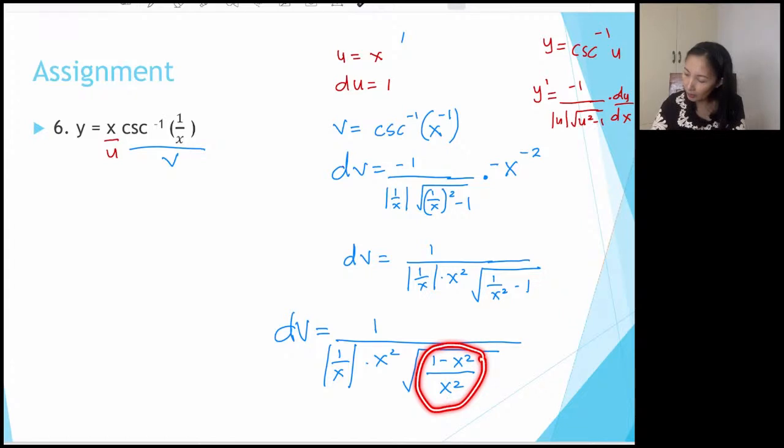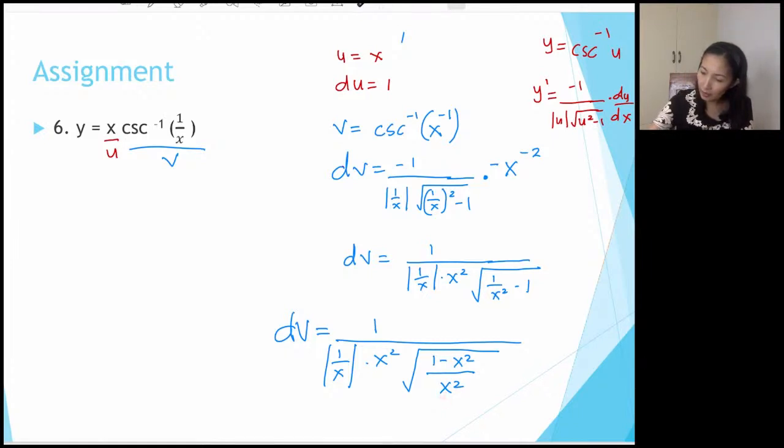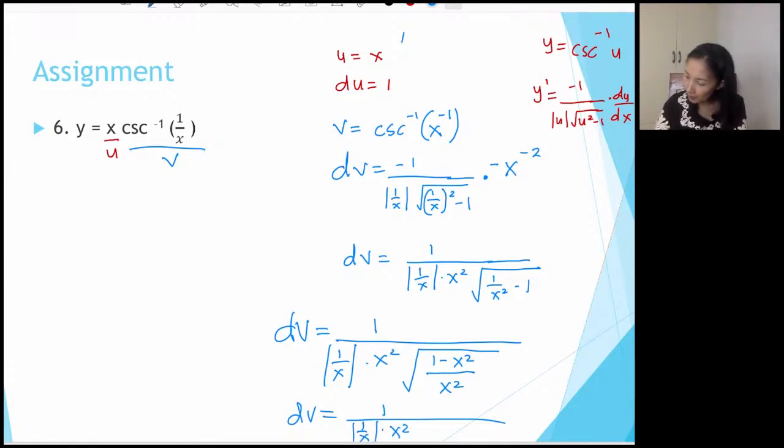And take note that if we extract the square root of the denominator, this will give us dv equal to 1 over the absolute value of 1 over x times x squared times the square root of 1 minus x squared over x.